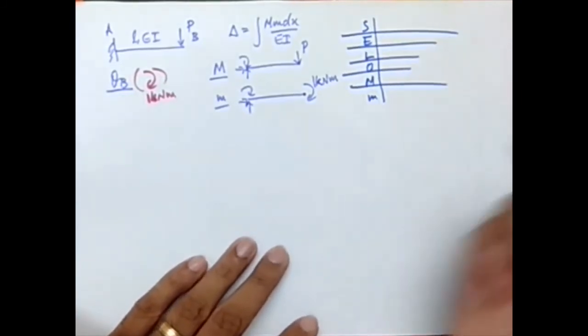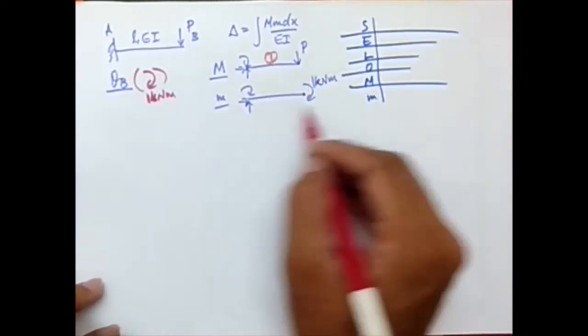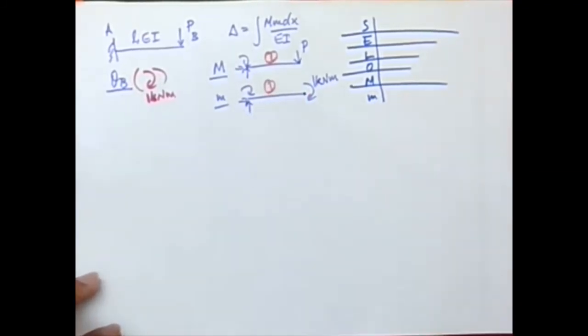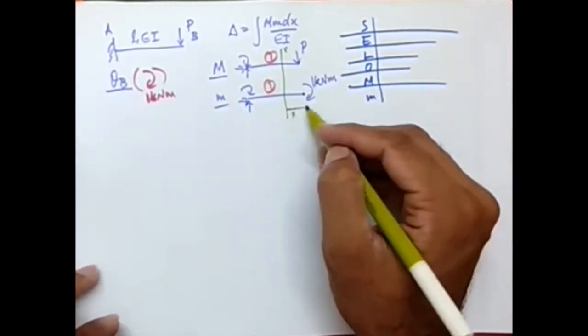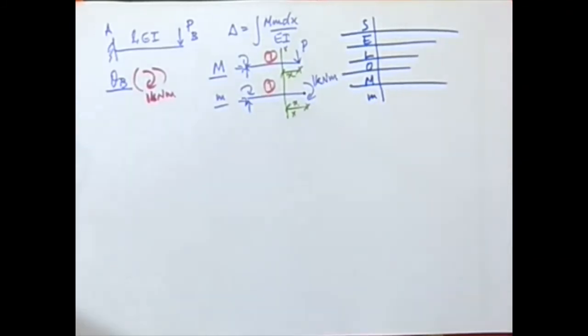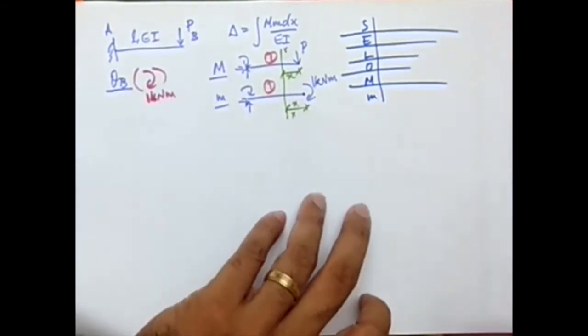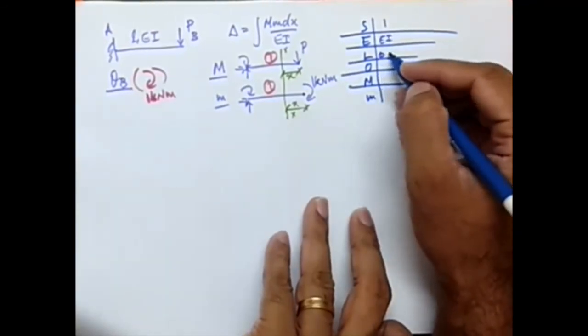Now how many segments are required? You can see here one segment, here also one segment, and I'm taking a common section that cuts both the cases at a distance of x. So there is one segment. Okay, segment 1, EI is constant, limit is 0 to L.